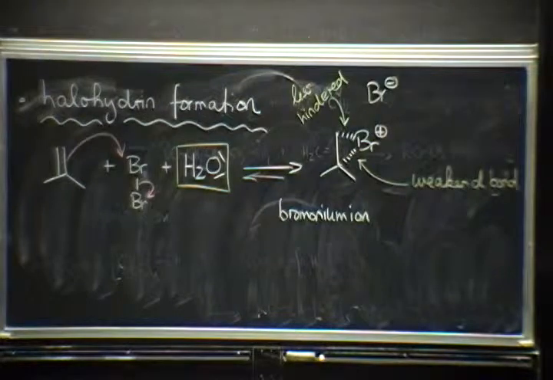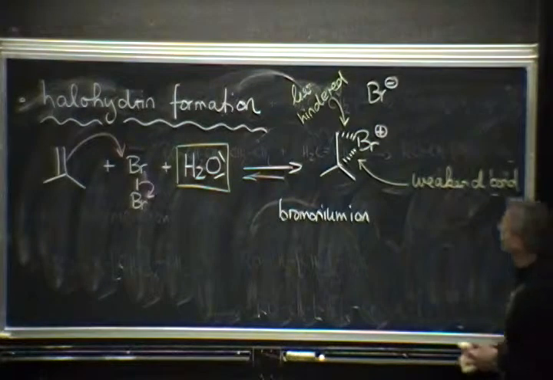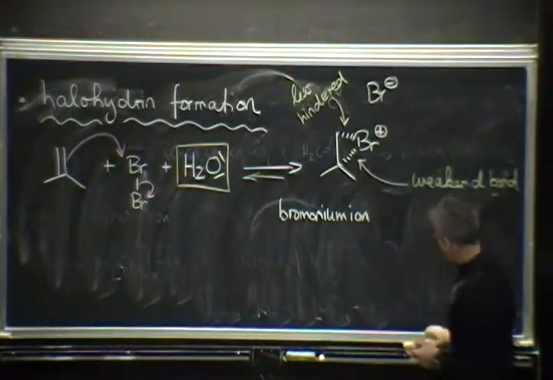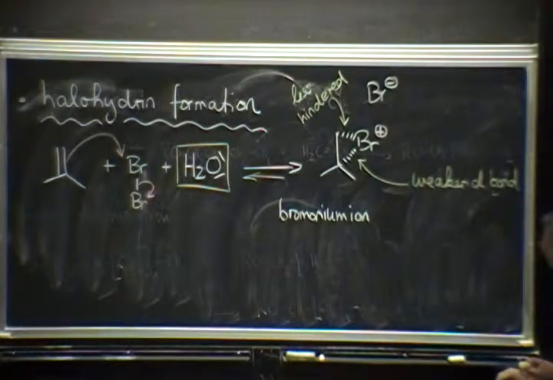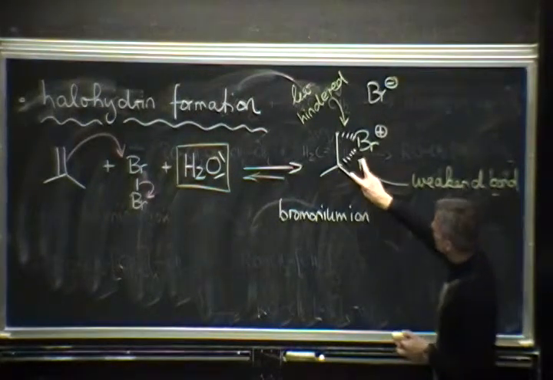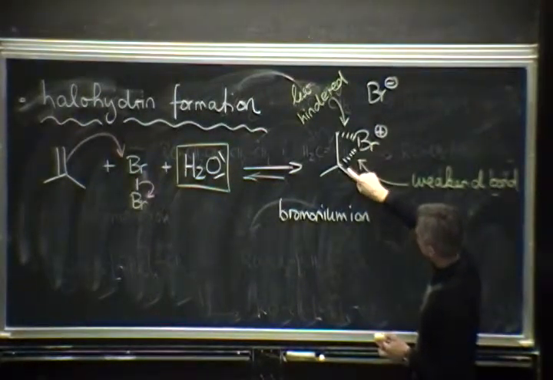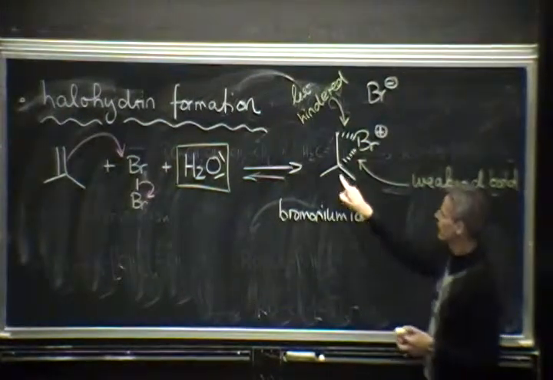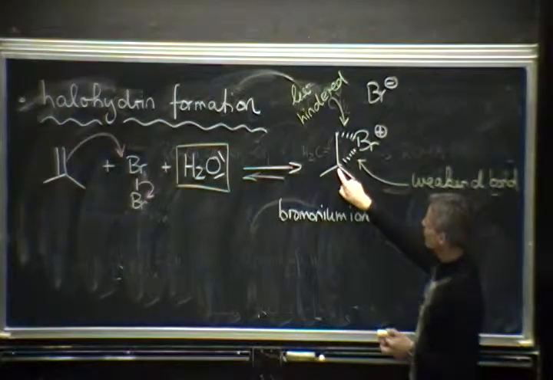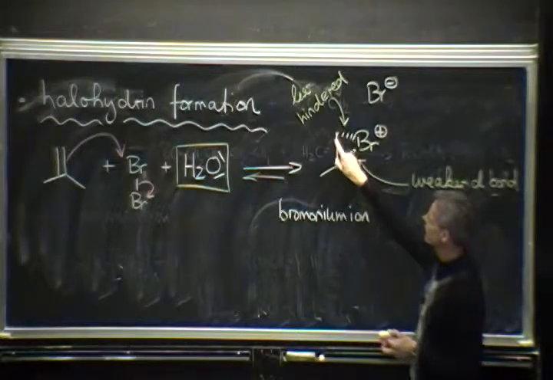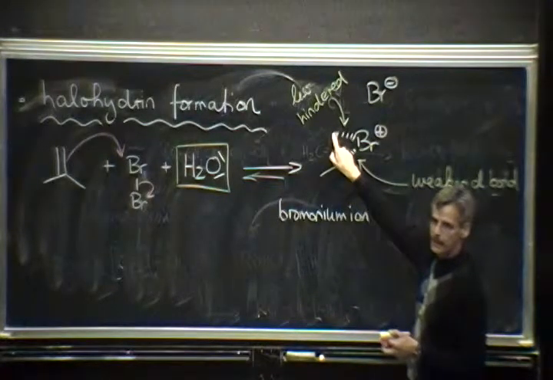So this is a weakened bond. So two different bond situations. I can already see this bond that the way I drew it is already elongated because this carbon can accommodate the positive charge better than this carbon can up here.